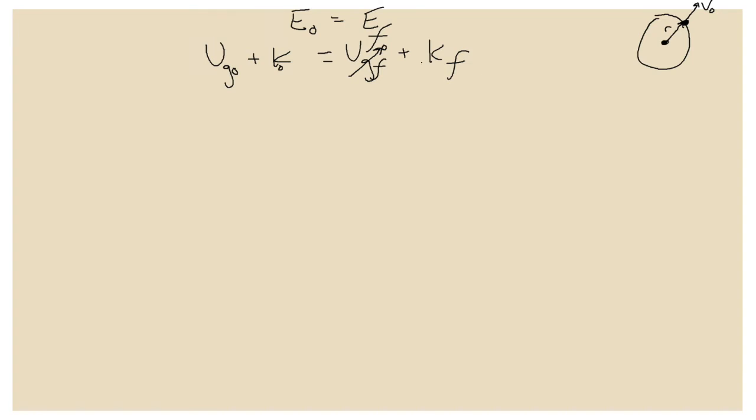And because the definition of the escape velocity is that that object is eventually going to reach a final speed of 0 when it arrives at that infinite distance, the final kinetic energy is 0. So what we're left over with is the initial gravitational potential plus the initial kinetic energy is going to be equal to 0.